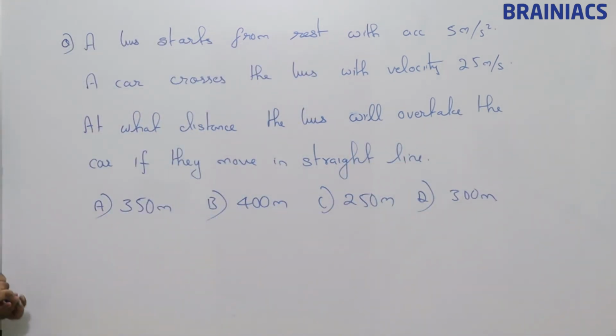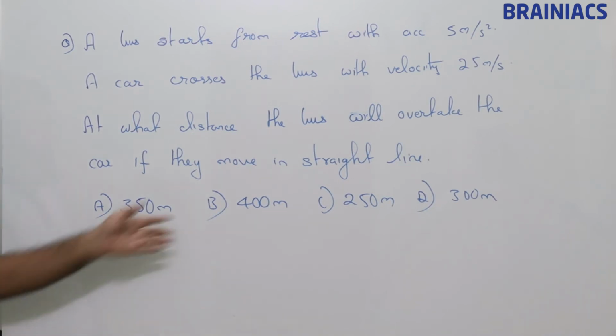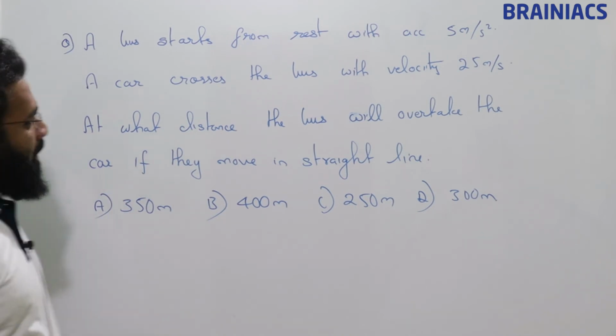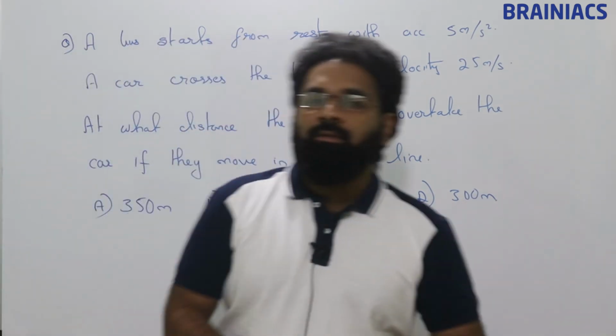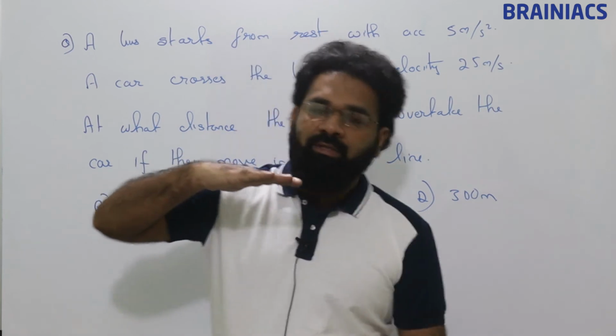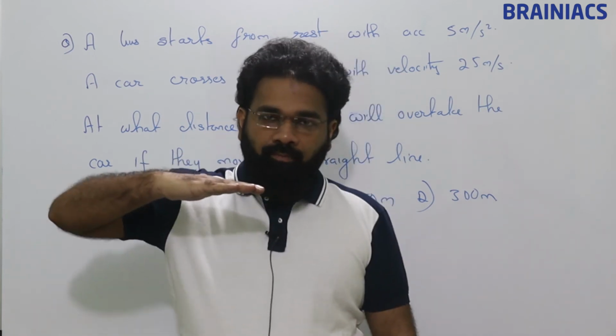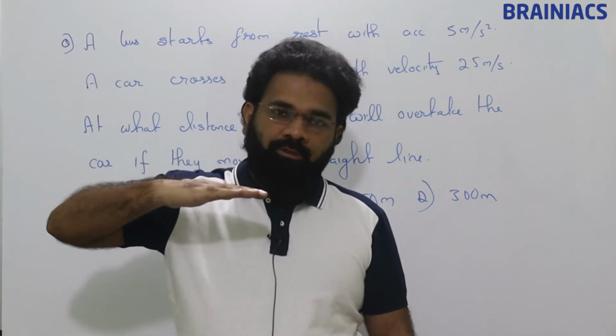Okay, so the question is, a bus starts from rest with the acceleration 5 meter per second square. A car crosses the bus with the velocity 25 meter per second. At what distance will the bus overtake the car if they move in a straight line? These are the options. So what happens? See, bus was at rest, then bus is about to move.